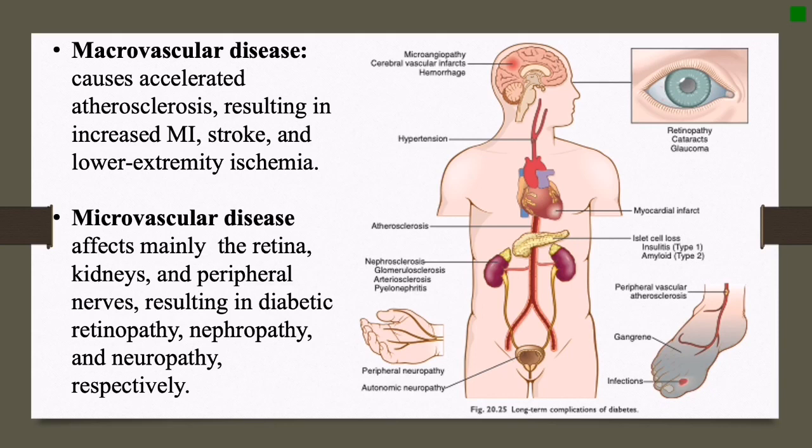This damage includes macrovascular disease, which causes accelerated atherosclerosis, resulting in increased myocardial infarction, stroke, and lower extremity ischemia, and also microvascular disease that affects mainly the retina, kidneys, and peripheral nerves, resulting in diabetic retinopathy, nephropathy, and neuropathy, respectively.